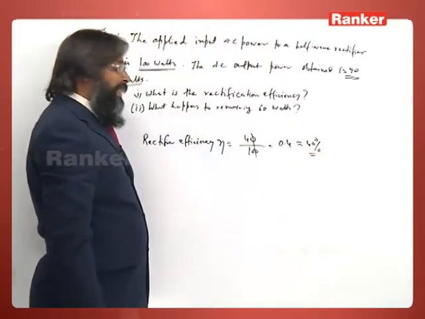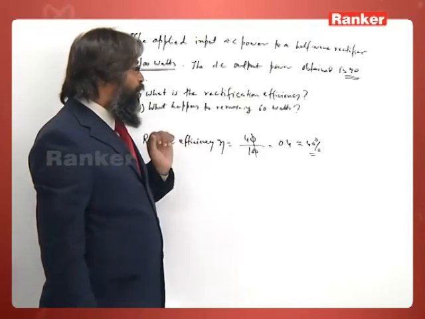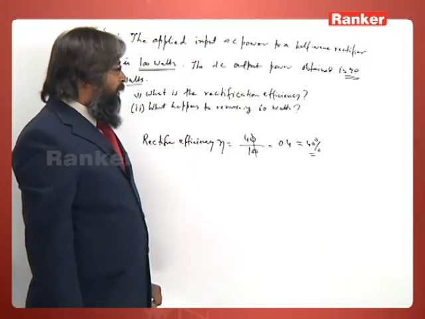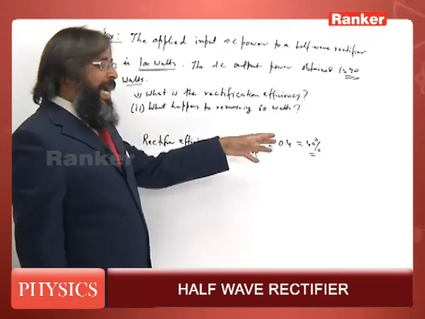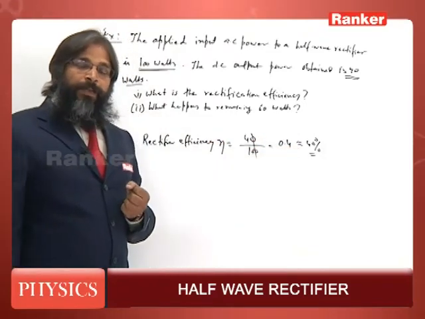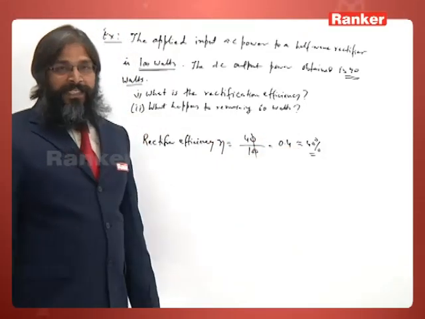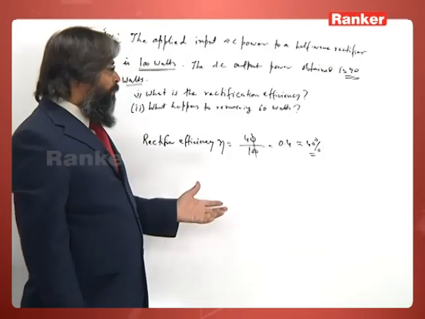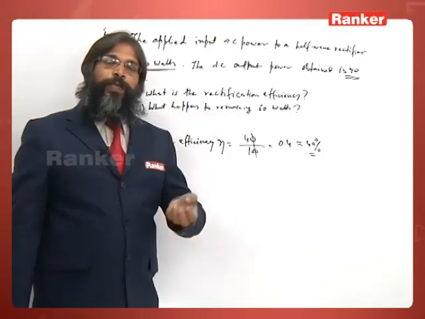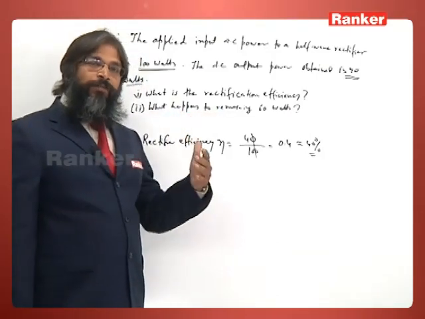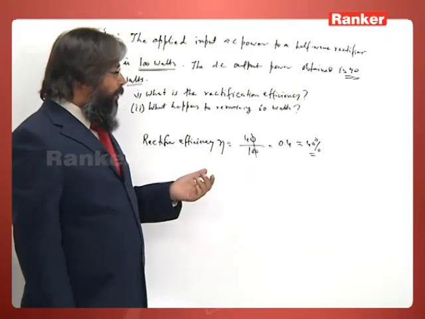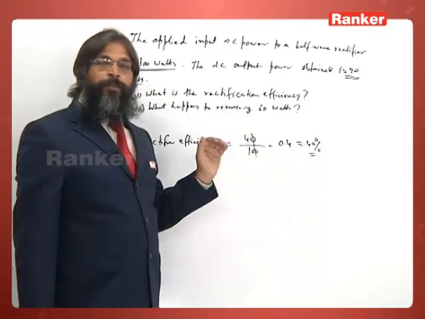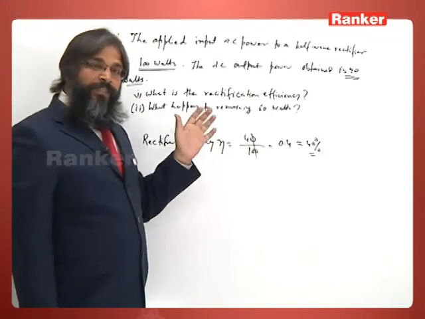So 40% is the rectifier efficiency. Now, it seems that we have used only 40% and the remaining 60% is wasted. This is wrong. You see, we are using only 50% of the part, only half cycles we are using. So the remaining 60% we can't say it is wasted.